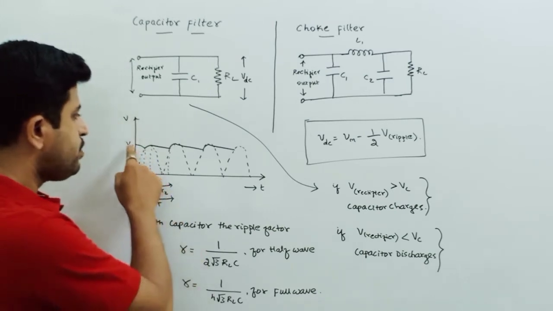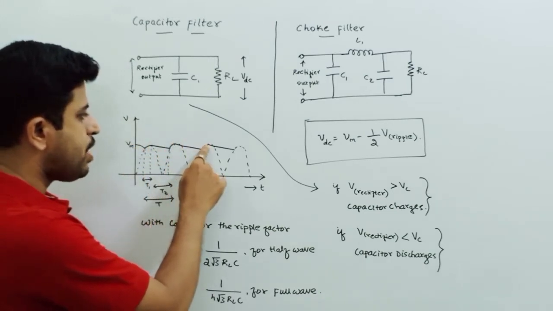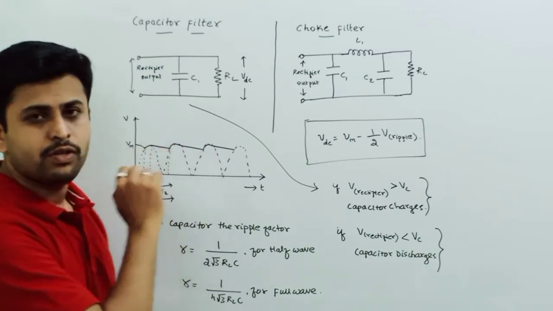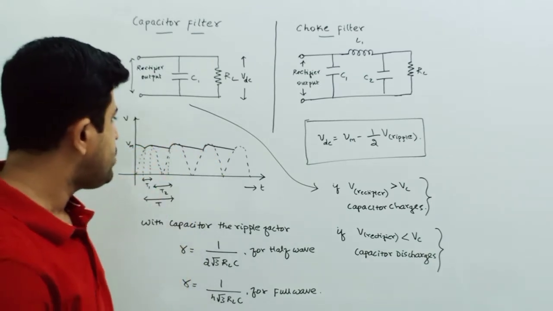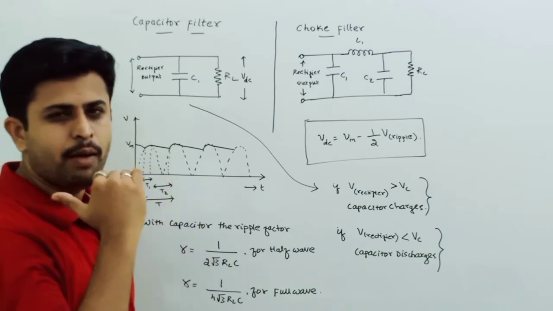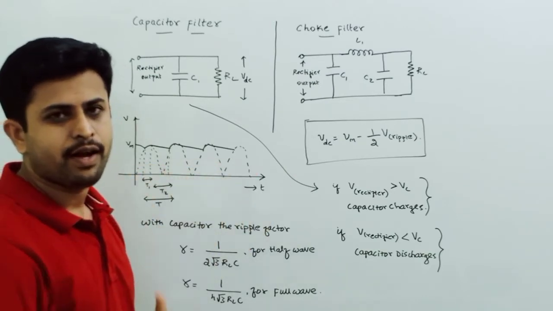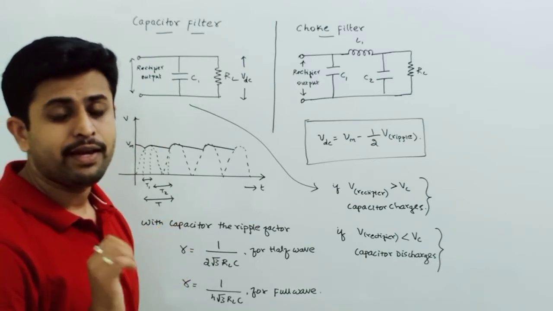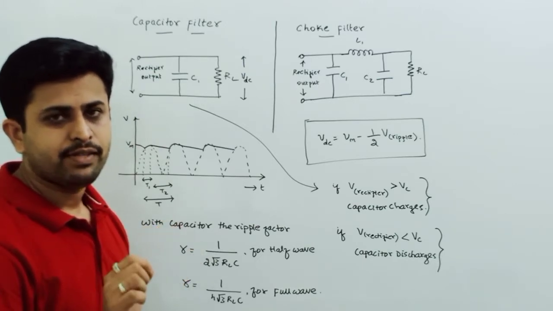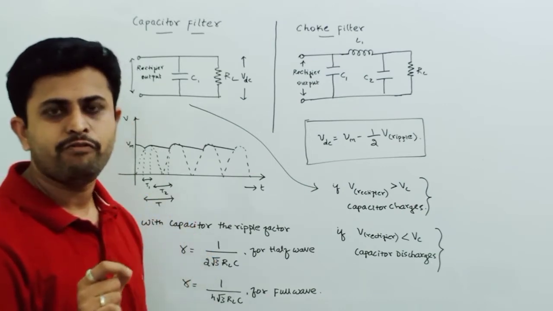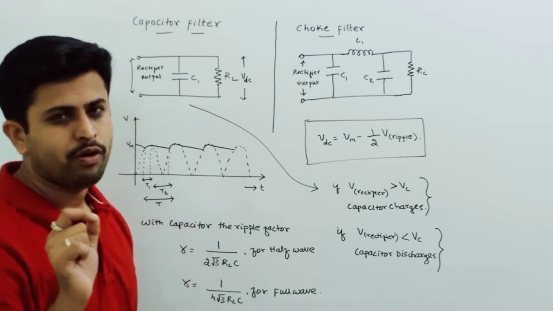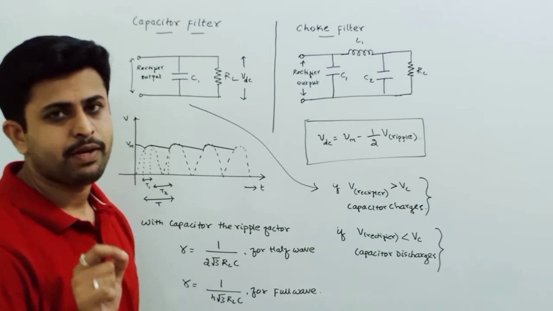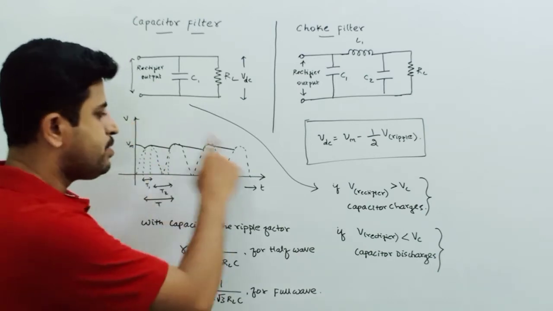The output we get, charge, discharge, charge, discharge, is almost approximated to a straight line, which shows it has almost negligible ripple. This is a filtered output, which is pure DC with negligible AC content.